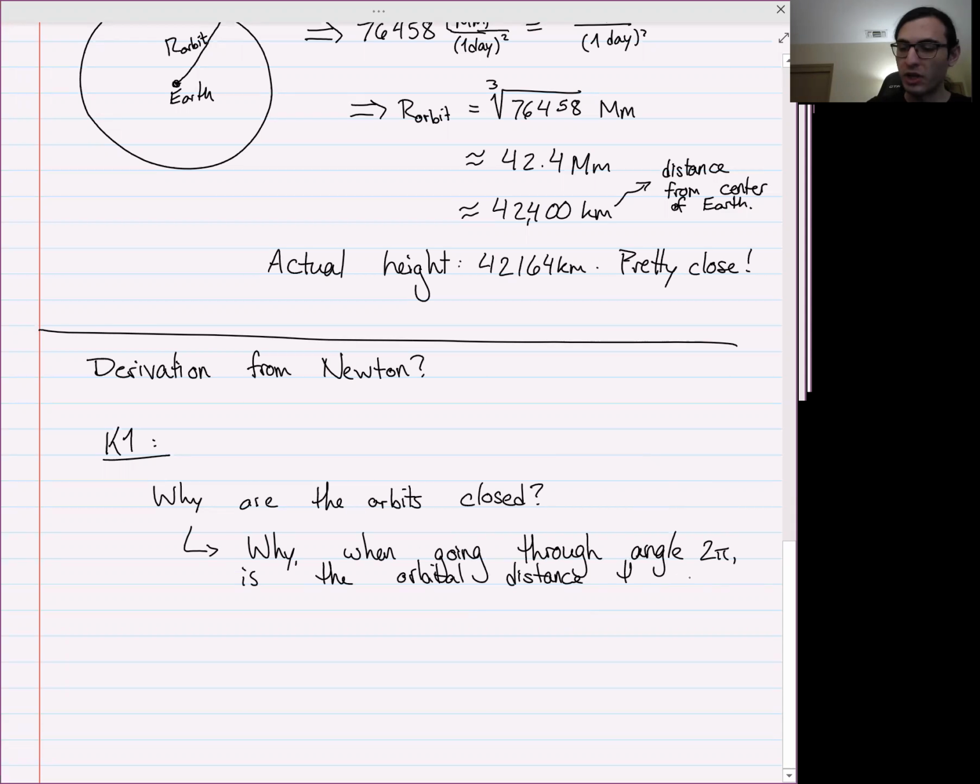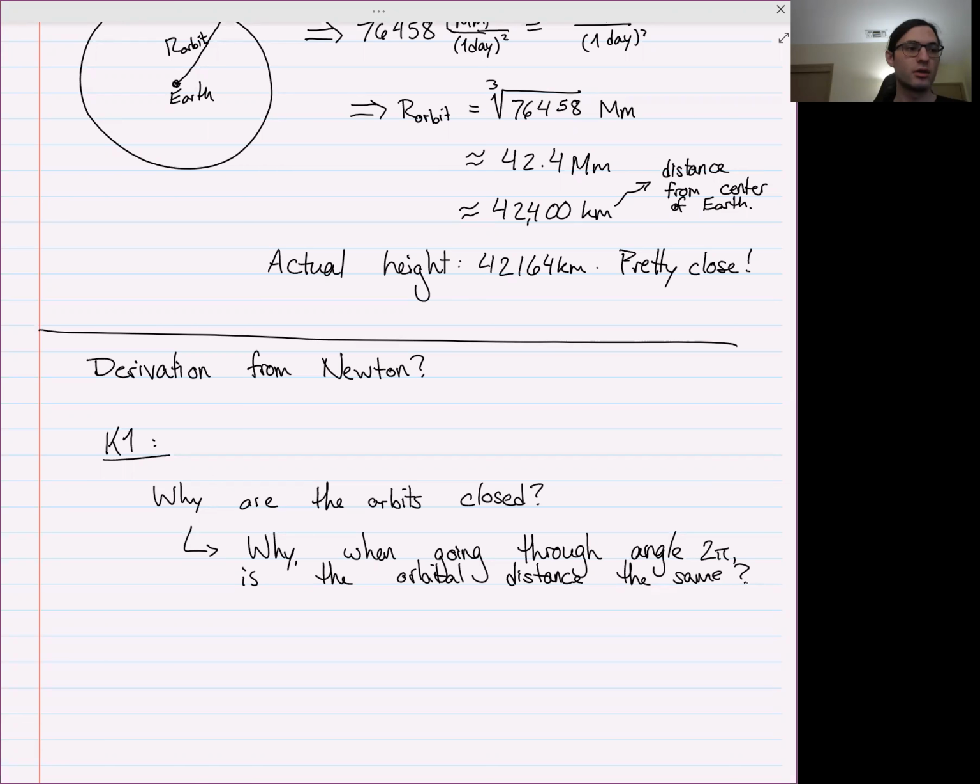In order for it to be a closed orbit, every time you make one full orbit, an angle traversed of 2 pi, the distance you end up with should be exactly the same distance that you were from the focus to begin with. And you're at the same angle, so you're at the same position.